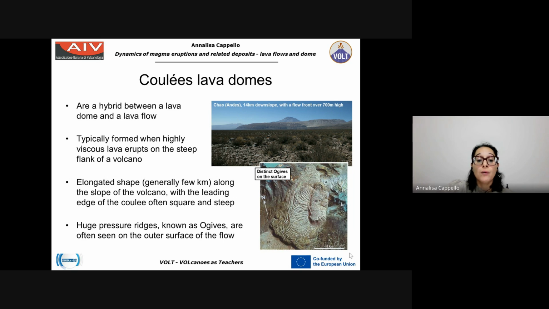a volcano. And the characteristic of these lava domes is the ogives, which are these pressure ridges that you can see on the figures on the bottom, which are characteristic of the surface of the flow.